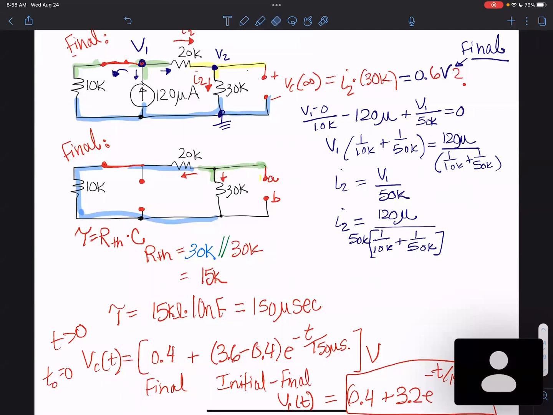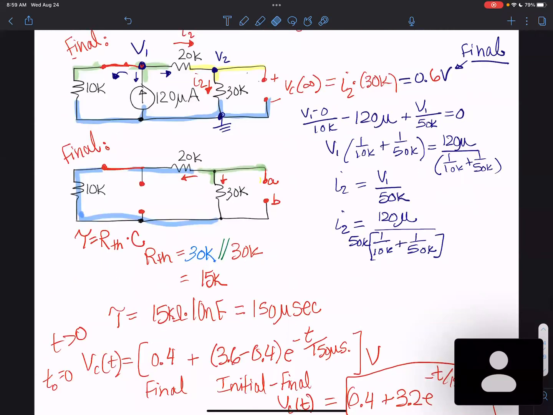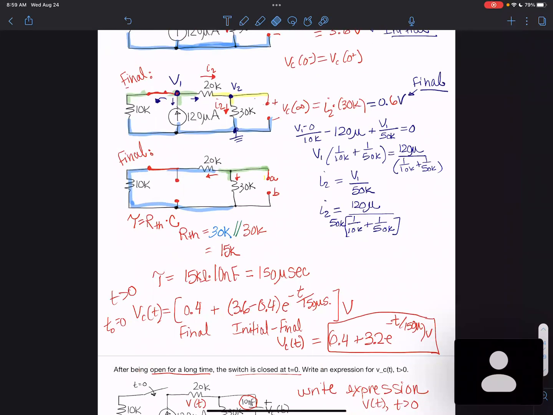So I just realized I miswrote that. So that's 0.6. You guys want to go back and change that? So this one down here will be slightly different. 0.6 will be your final, and then 0.6 plus 3.0.